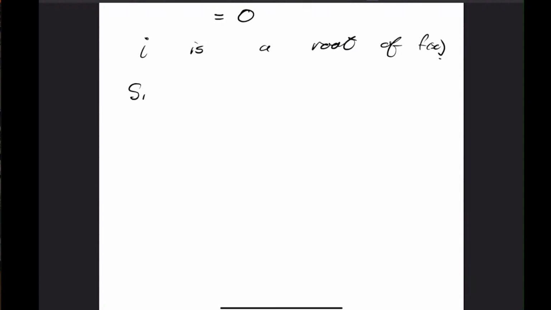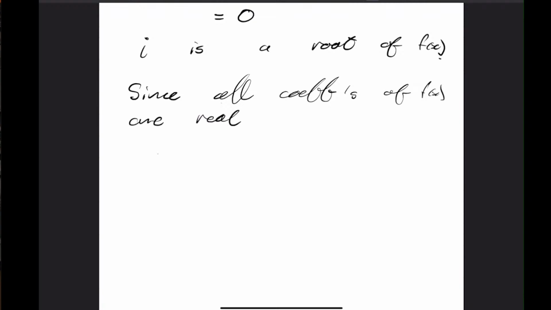Since all coefficients of f of x are real, minus i is also a root. That is because the complex conjugate is also a root, and the complex conjugate of i is minus i.